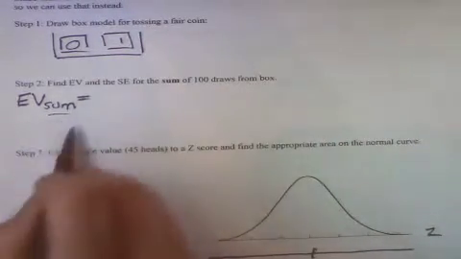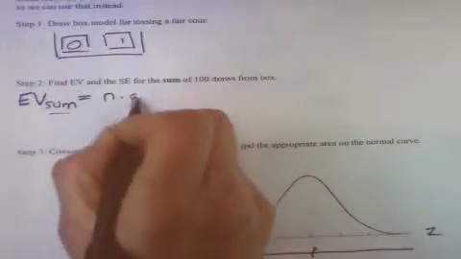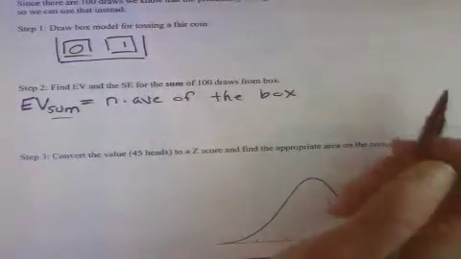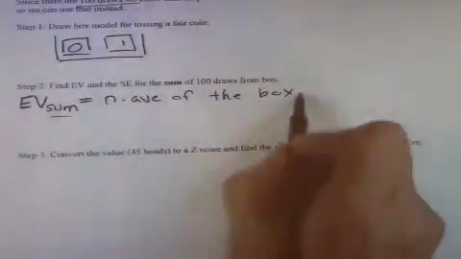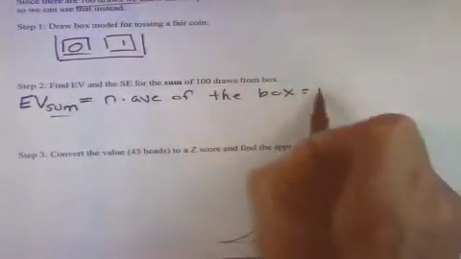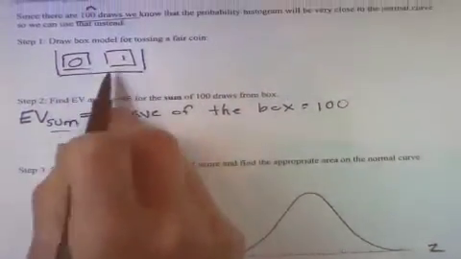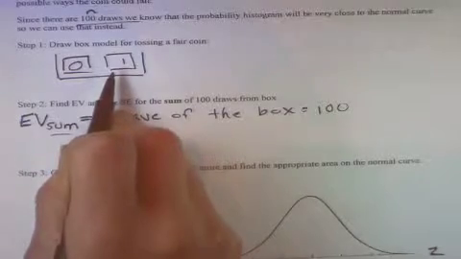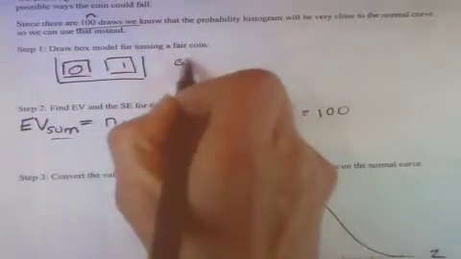It's the same as the sum, which does have this formula: n times the average of the box. And we better get 50. And n is the number of draws. So right here is n. That's 100. And the average of the box is obviously what? Obviously a half.